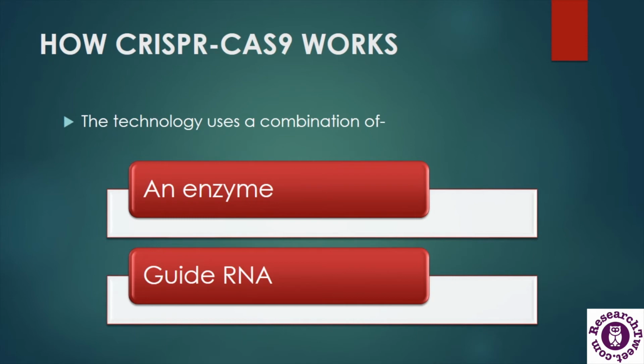The enzyme Cas9 acts as a pair of molecular scissors. We know that we have a class of enzymes called restriction enzymes or restriction endonucleases, which are also considered molecular scissors, and these enzymes have the ability to cut the strands of DNA at a specific location in a particular genome.